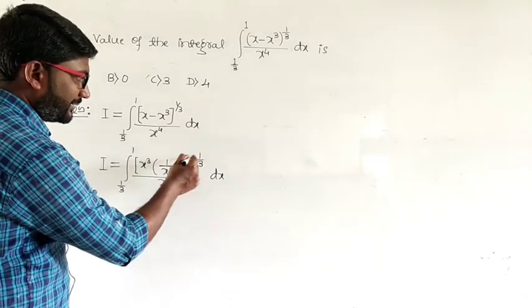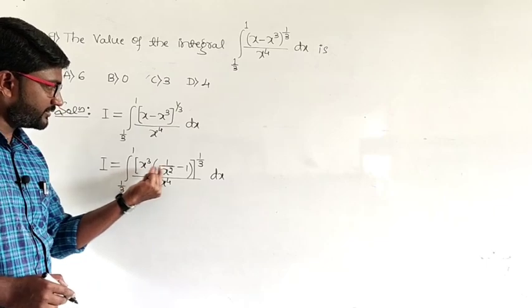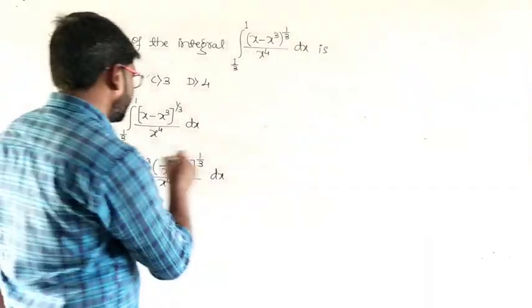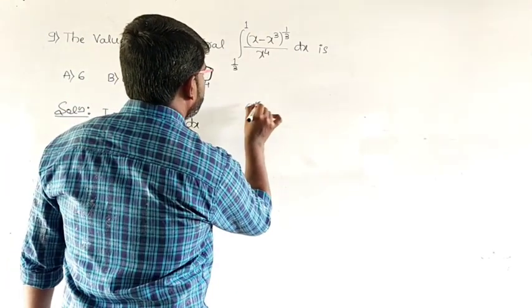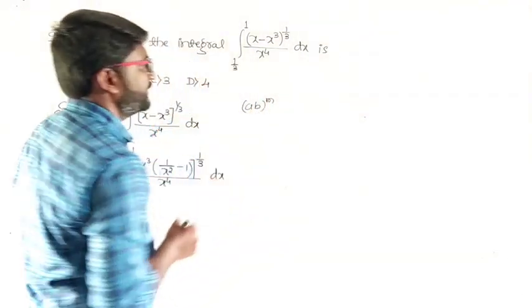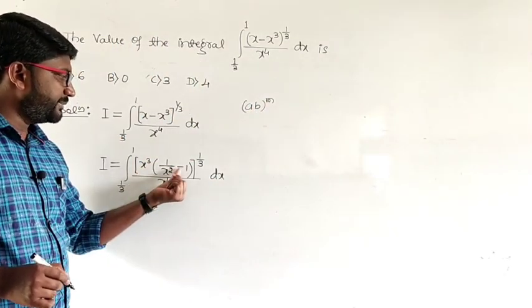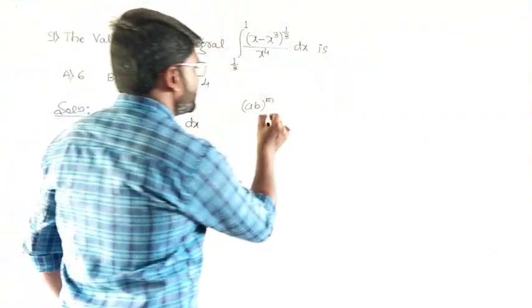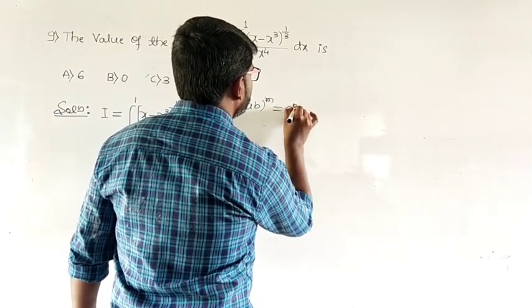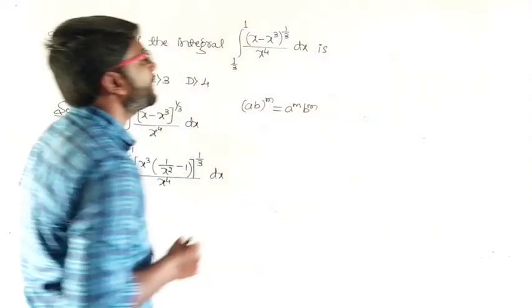Now this 1 by 3 applies to the first term as well as to the second term. It is in the form of ab whole raised to m. This is a, this is b whole raised to m. ab whole raised to m is nothing but a raised to m into b raised to m.